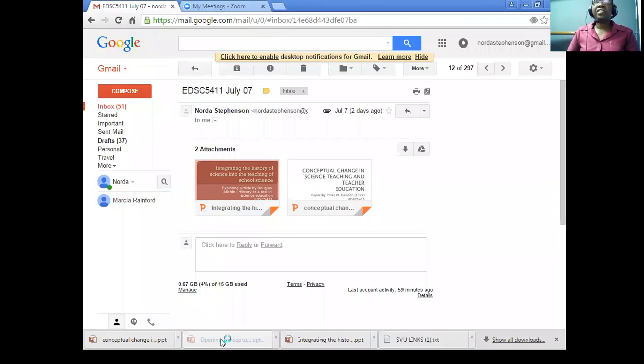Can you see my screen? Just the attachment saying two attachments. It's not open. No, yeah, that's all right. That's not the right one. Okay, let's stop it.